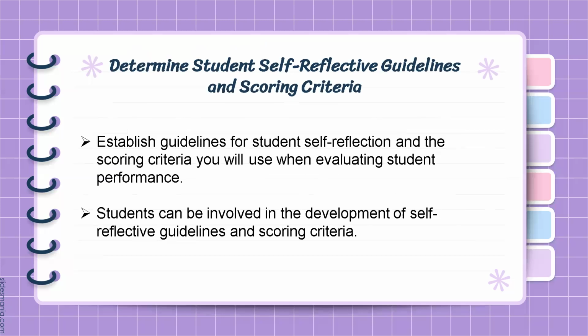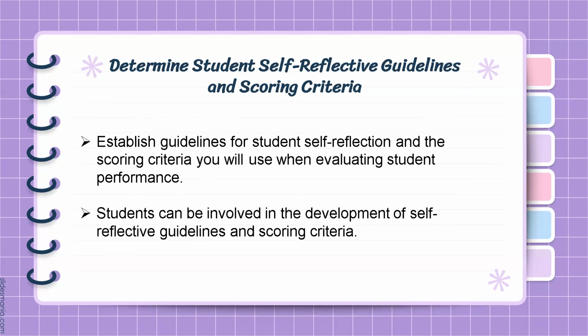The next step is to determine student self-reflective guidelines and scoring criteria. You need to establish guidelines for student reflection and the scoring criteria you will use when evaluating student performance. These should be done so that both the guidelines and criteria can be explained to students before they begin their work.